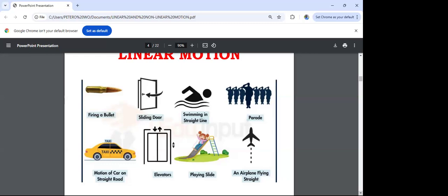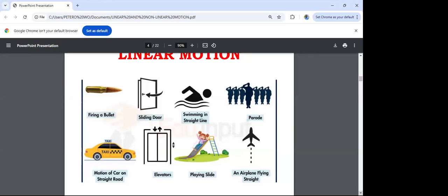One of them is a bullet, the other is a sliding door, the other is swimming in a straight line, the other is a parade for soldiers, the other is motion of a car on a straight road, the other is an elevator, the other is playing on a slide, and lastly, we have an aeroplane.